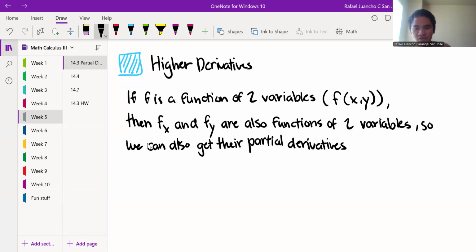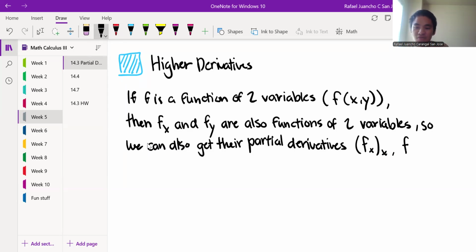So we can get the partial derivative f sub x, and then another one with respect to x. Here we start from this right here, and then we get that partial derivative with respect to x. So that's how you're doing it.